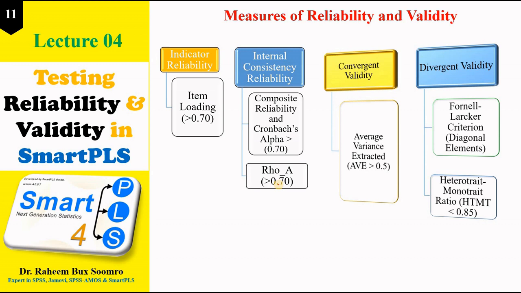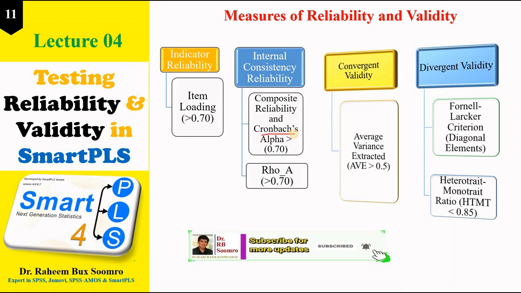When you are running SmartPLS, you get two measures of reliability. One is Cronbach's alpha, whose value should be 0.7 and above.